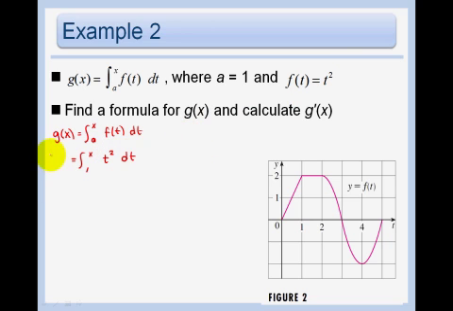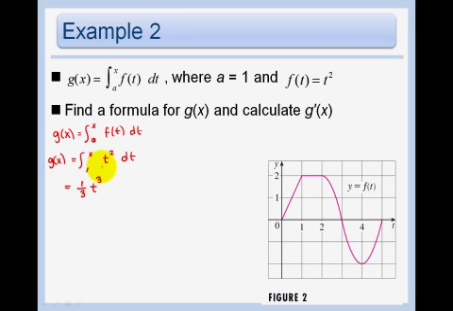So the formula for g of x is that so far. And so what is this? Okay, it's saying take the antiderivative with the variable being t. So the antiderivative is 1/3 t cubed.